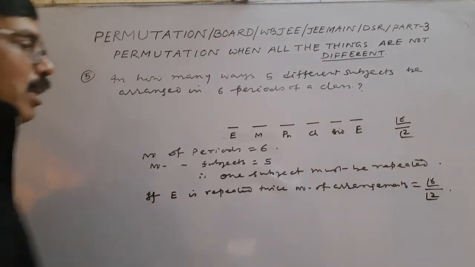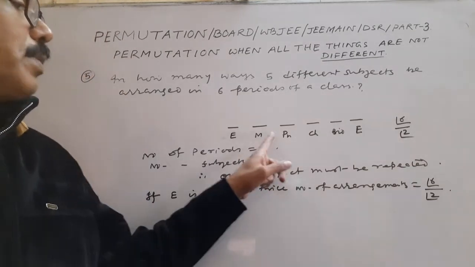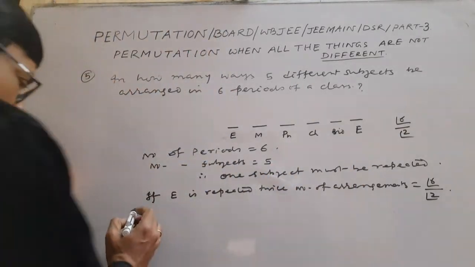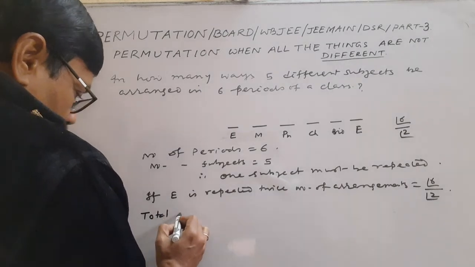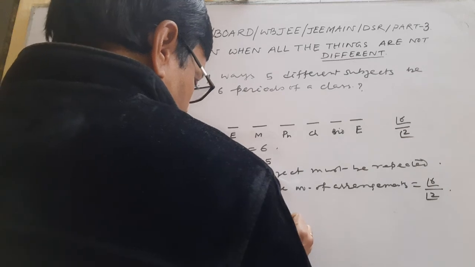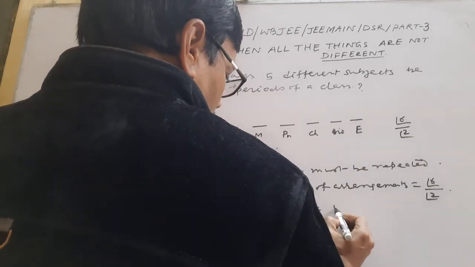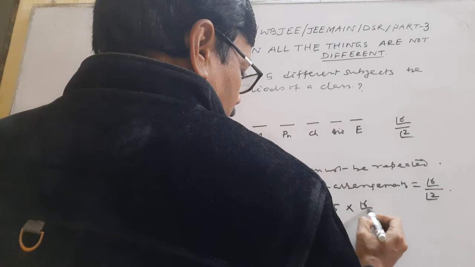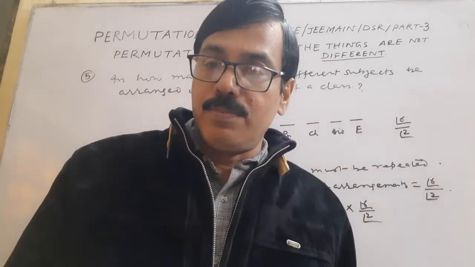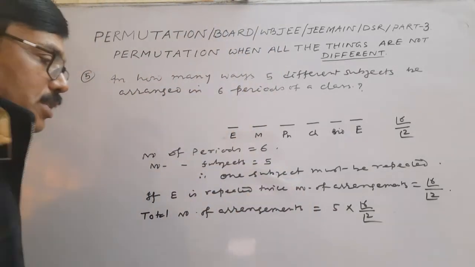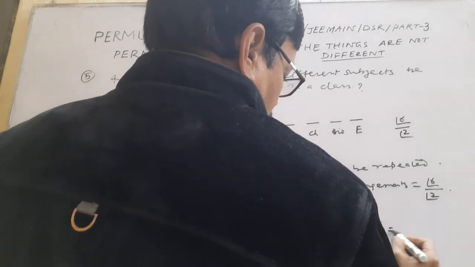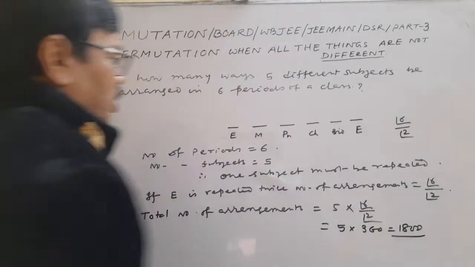So similarly, mathematics, physics, chemistry and biology may be repeated. So total number of arrangements is 5 into factorial 6 by factorial 2, that is 5 into 360, which is 1800.